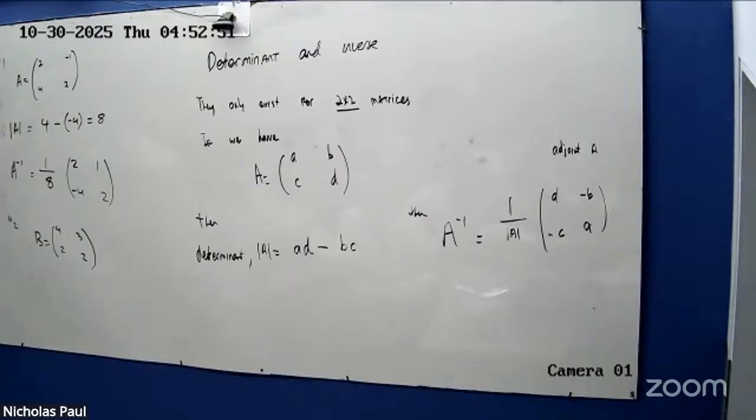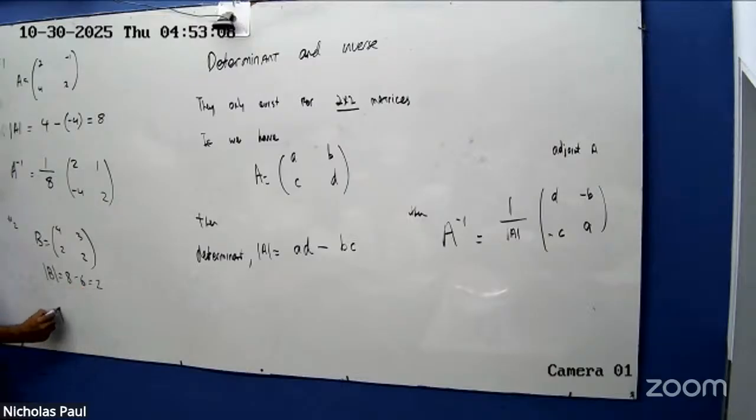So the determinant of B is 4 times 2 is 8, 3 times 2 is 6, and you're minusing it, so I got 2.